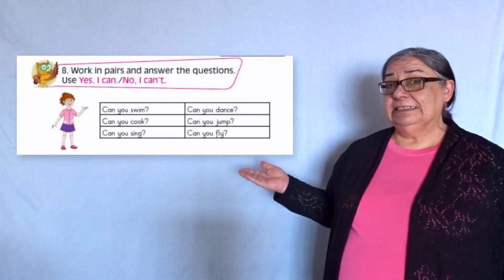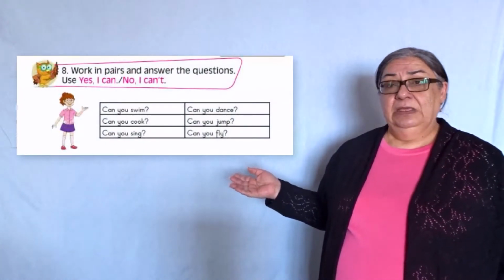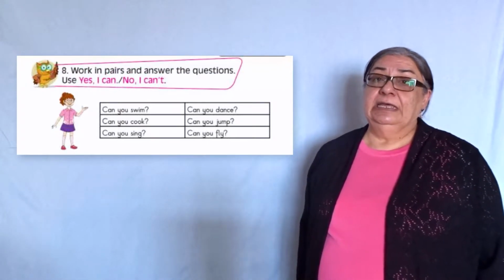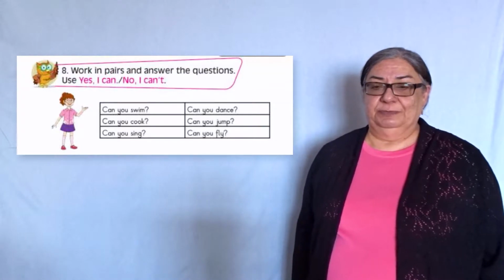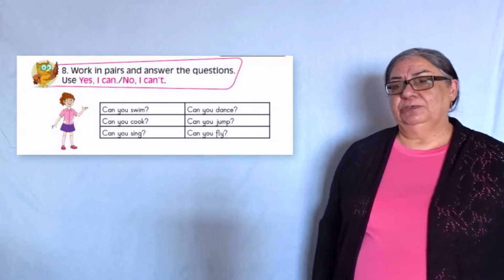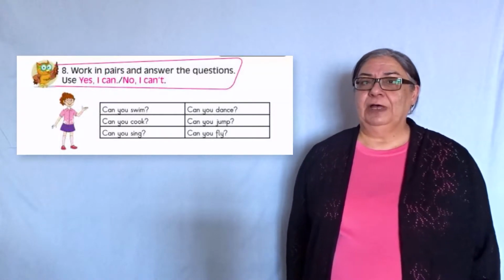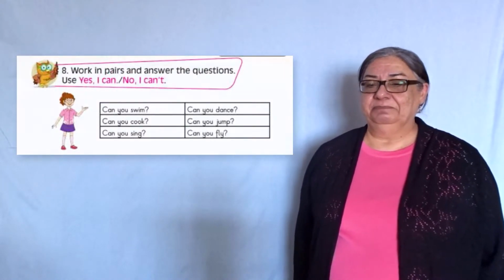Let's assume that we have this activity. It is a pair work and it is based on can questions. I want to change it into a class survey to make it more fun and engaging. Now, I will give my students a handout and ask them to stand up.